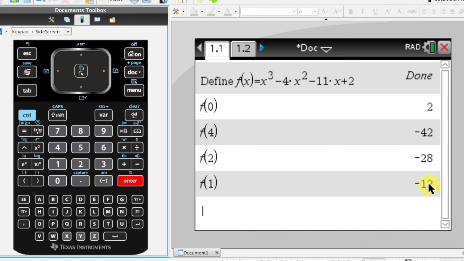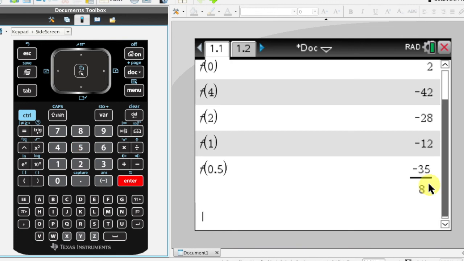So let's look at f of a half. And you can see here that it's negative. And so because this is negative and f of 0 is positive, I know that my solution lies between 0.5 and 0. Halfway of that.